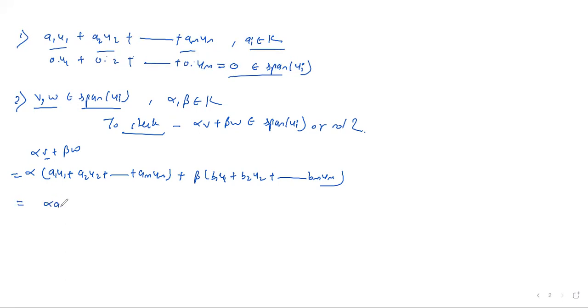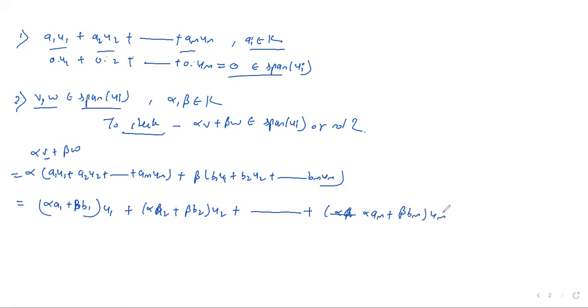This is alpha a1 plus beta b1 times u1, plus alpha a2 plus beta b2 times u2, plus so on, up to alpha am plus beta bm times um. So this is also a linear combination.